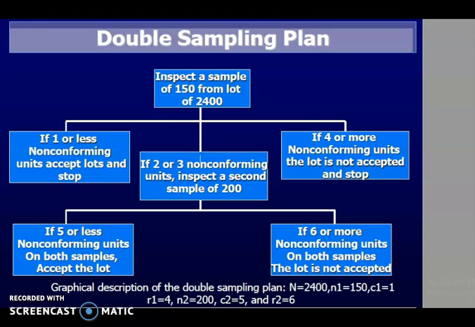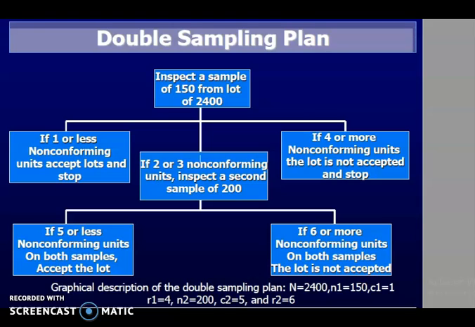Let's consider one example of a double sampling plan. In this example, lot size capital N is 2400, sample size n1 is 150, the value of C1 is 1, and the value of R1 is 4.